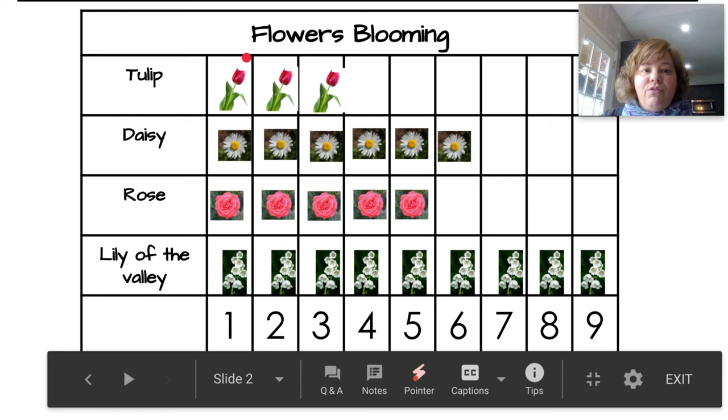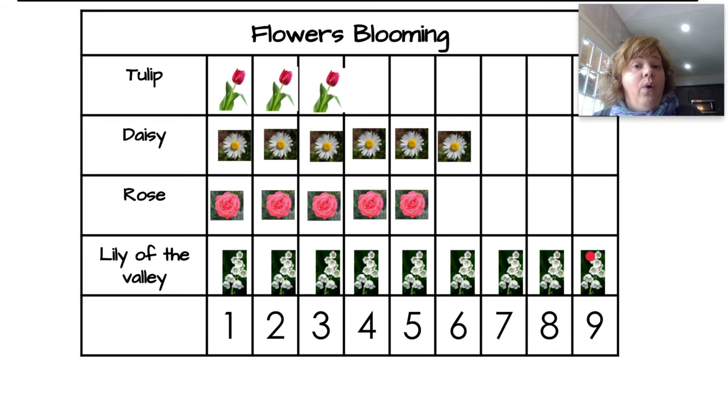They both have 3. We can count 1, 2, 3. But now we need to count how many extra boxes Lily of the Valley has. So I can count 1, 2, 3, 4, 5, 6. So we could say Lily of the Valley has 6 more than tulip, or we could say tulip has 6 less than Lily of the Valley.